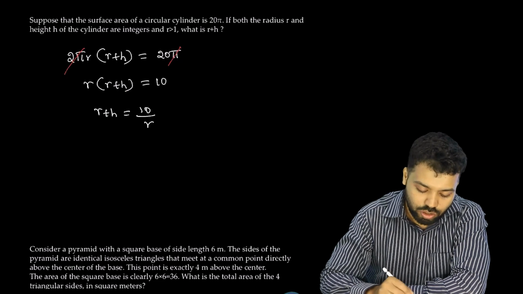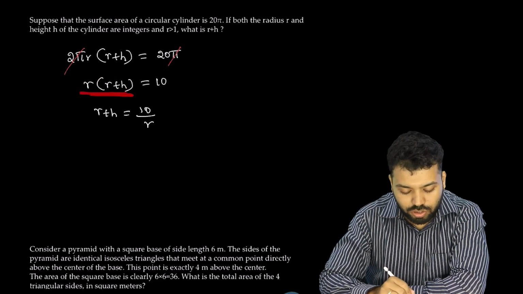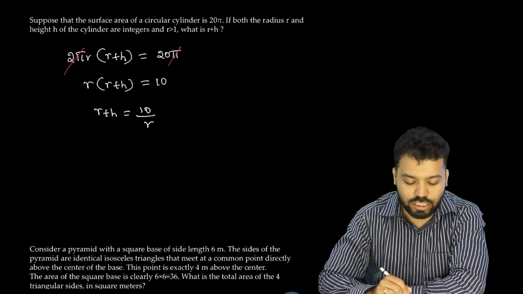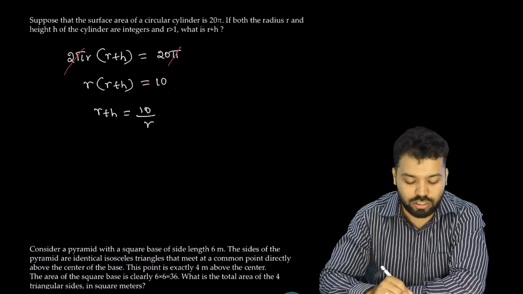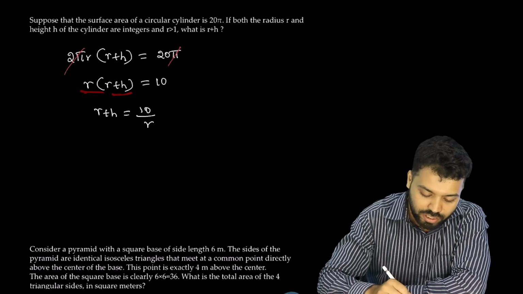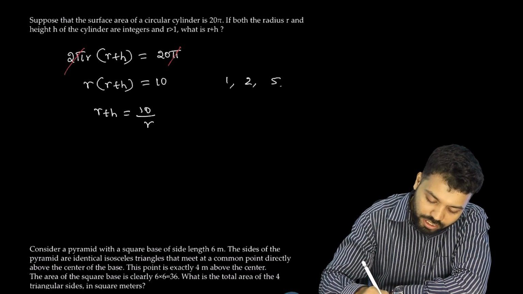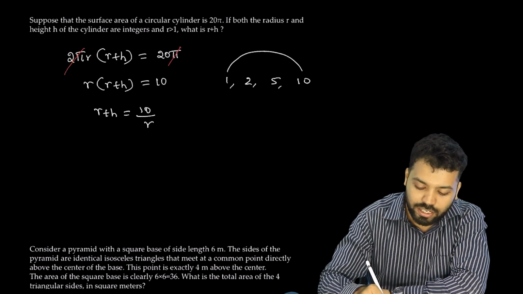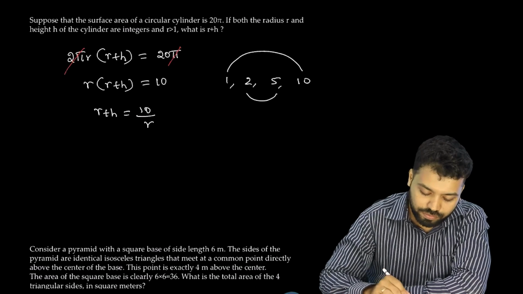So these two have to be integers, and since their product is 10, they have to be factors of 10. So what are the factors of 10? We have 1, 2, 5, and 10. If I multiply 1 and 10, I get 10. If I multiply 2 and 5, I get 10.